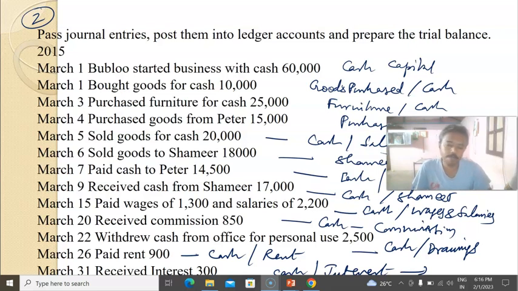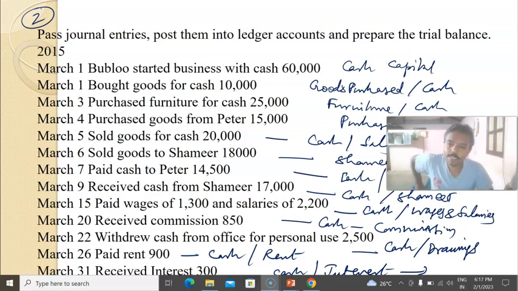So Shamir account debited to sales account, goods sold account or sales account, rupees 18,000. The goods sold account is a real account: credit what goes out. When you sell goods, goods go out. So Shamir account debited to goods sold account or sales account, rupees 18,000, being goods sold to Shamir.